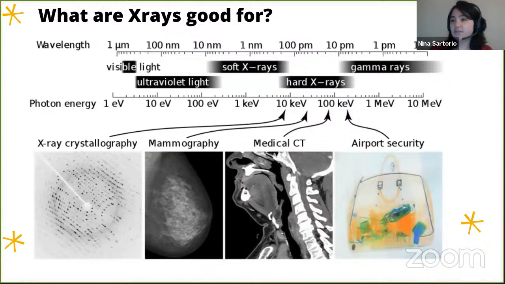It is also used in X-ray crystallography, which is a way of seeing how atoms align. Because the wavelength is so short, the size of an atom, you can use X-rays to take pictures of how atoms are aligning inside different crystals or materials. And you can also use it for airport security, for example, to look inside somebody's bag.